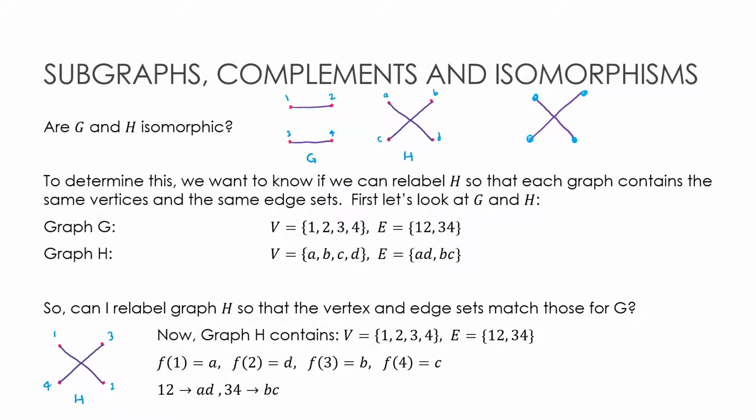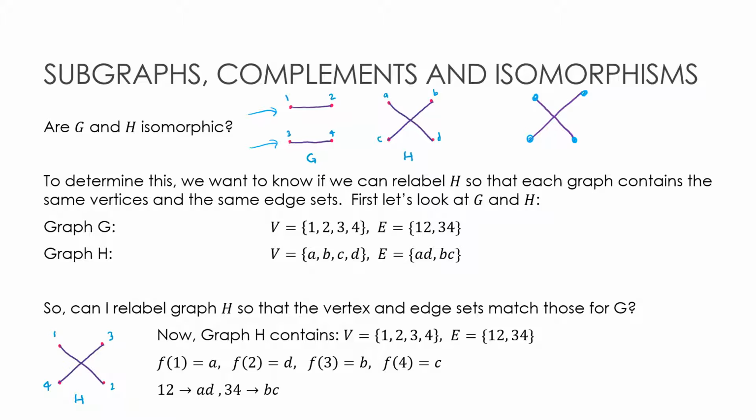Graph G has vertices 1, 2, 3, 4. Graph H has vertices A, B, C, D. The edges contained in graph G go from 1 to 2, that's this guy, and from 3 to 4.